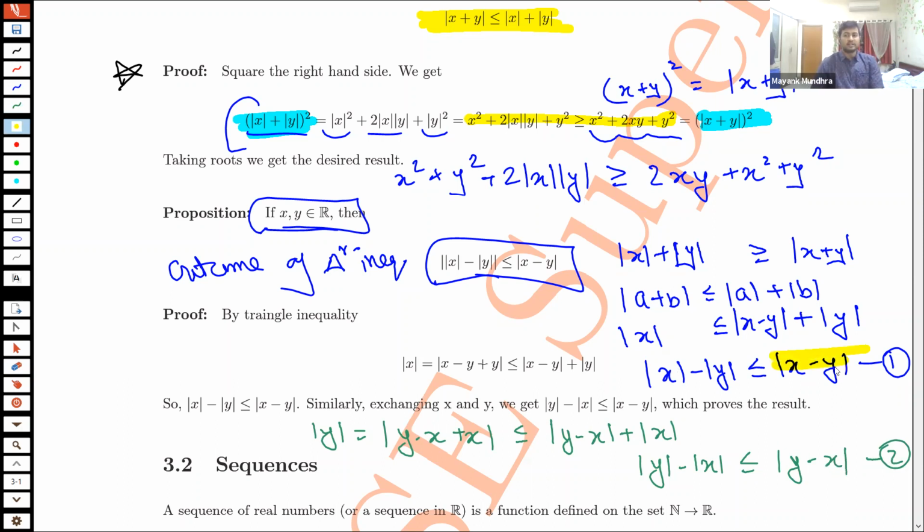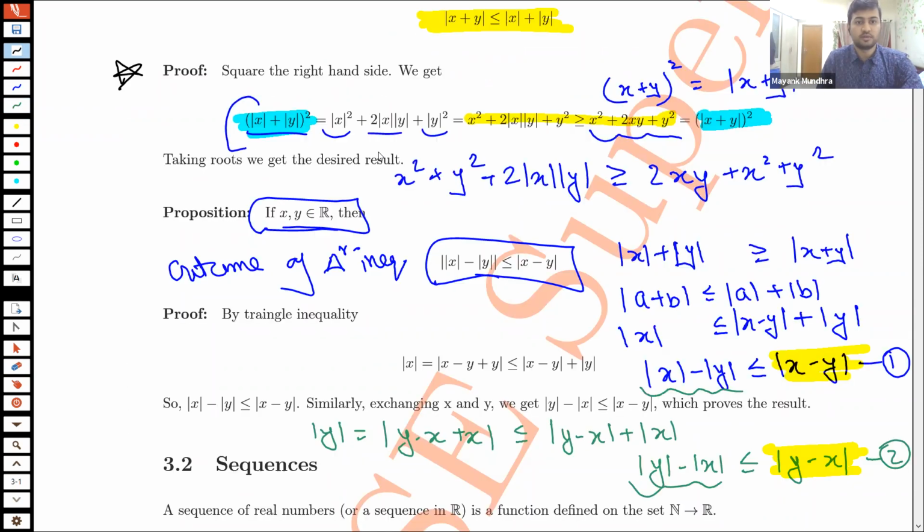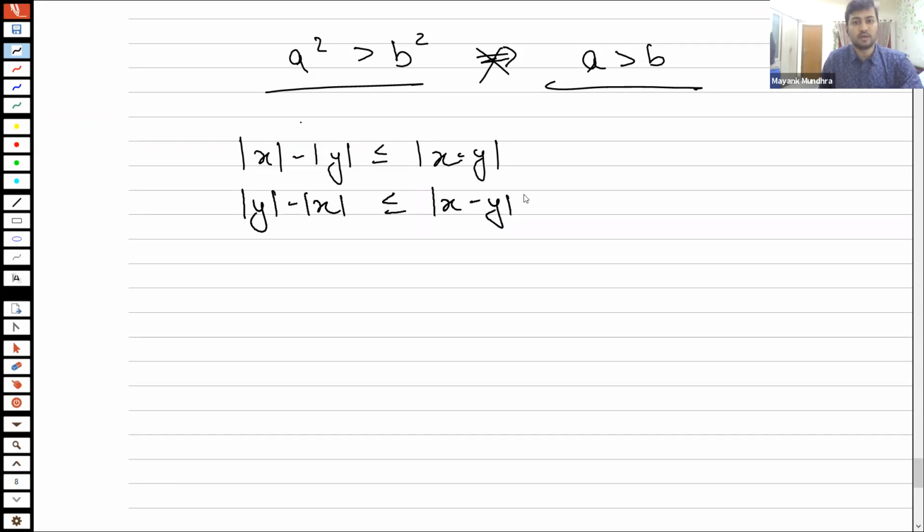Now notice the right hand sides of both these inequalities are the same. The left hand sides both need to be less than this. So what I get in the end is that mod x minus mod y should be less than or equal to mod of x minus y, and mod y minus mod x should also be less than or equal to mod of x minus y.